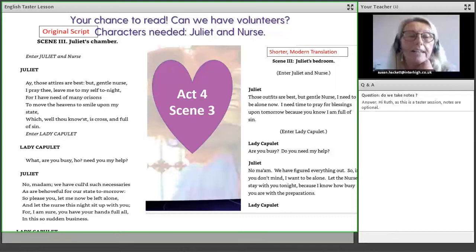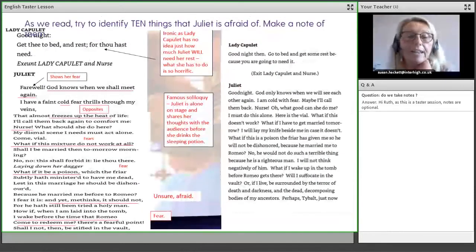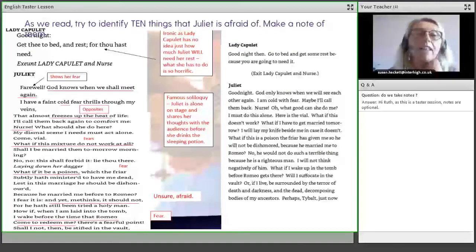Let the nurse stay with you tonight, because I know how busy you are with the preparations. Good night then. Go to bed and get some rest because you're going to need it. Good night. God only knows when we will see each other again. I am cold with fear. Maybe I'll call them back. Nurse! Oh, what good can she do me? I must do this alone.